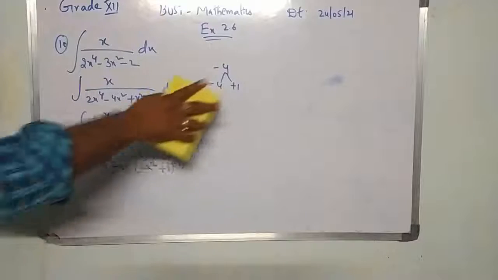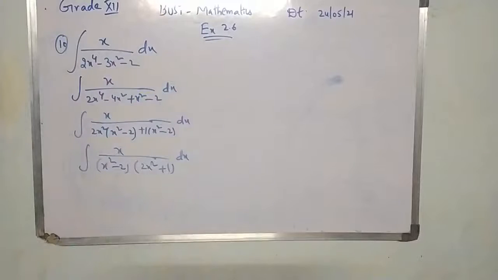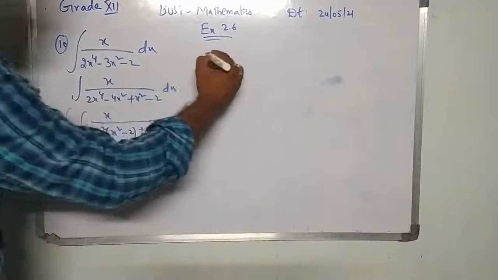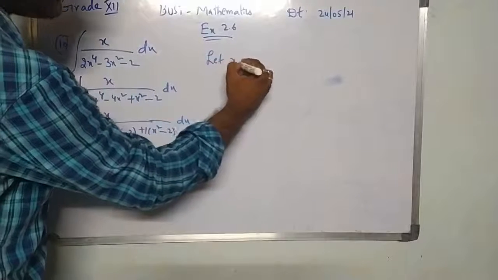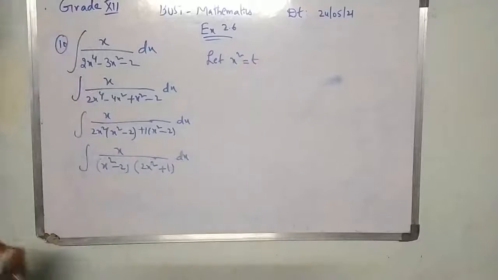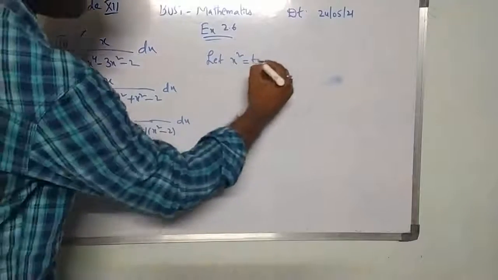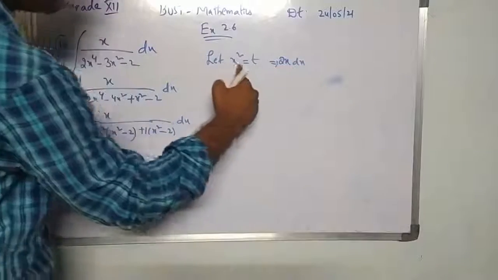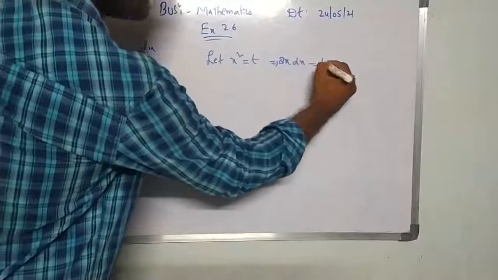Now to solve this, we don't have any other formula to be used, so let us assume some. Let us assume that x square is equal to t. So in place of x square, let us substitute t. If I perform the derivative for this, it will become 2x dx is equal to dt.